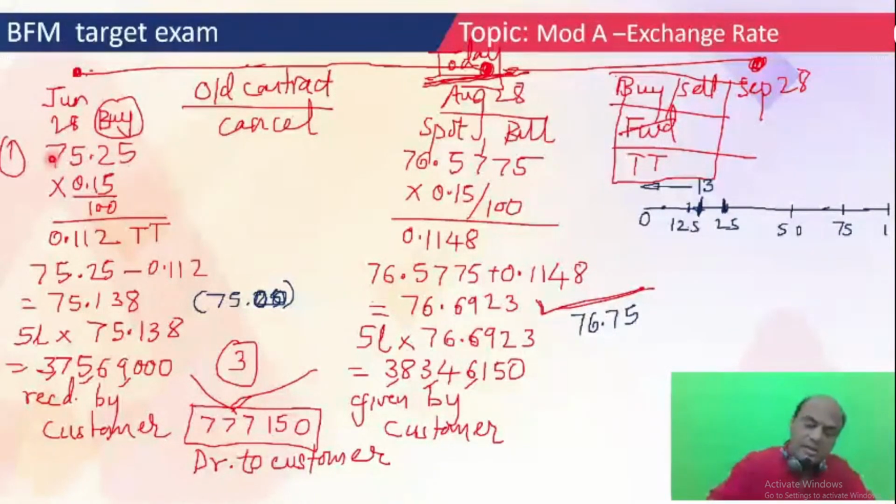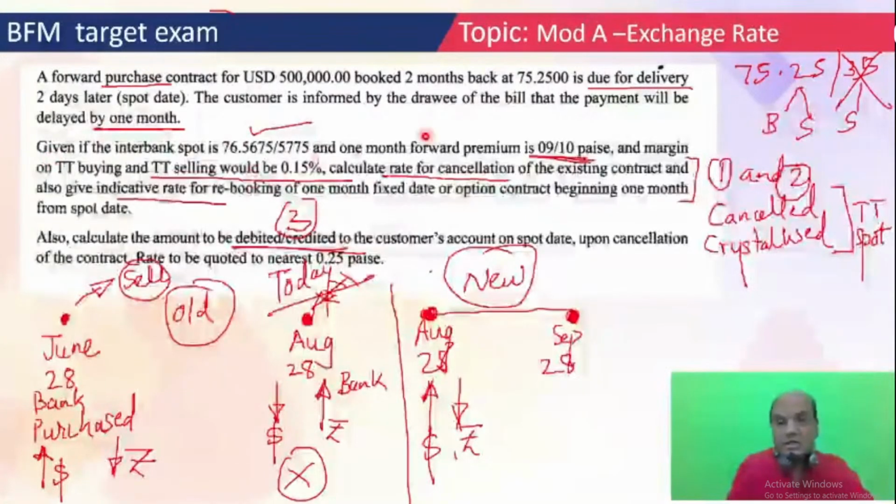But there was a TT margin over here. Look at this. Given interbank spot of this, 1 month forward is given. Margin on TT buying and TT selling is 0.15%. See, this is specifically mentioned. TT buying and TT selling both, it is 0.15%. So margin is 0.15. So this 0.15 you'll have to adjust.